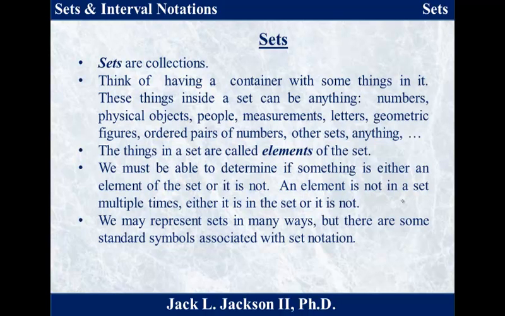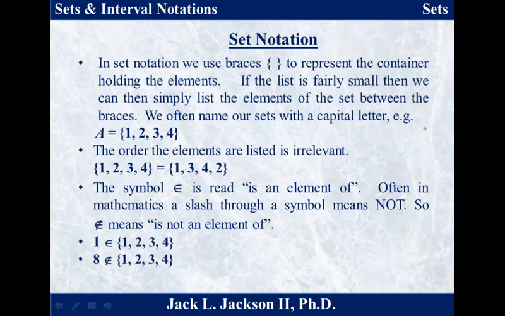We may represent sets in many ways, but there are some standard symbols associated with set notation. So to begin with, we'll talk about these little curly braces to represent the container holding the elements. And if the list is fairly small, then all we have to do is simply list out the elements of the set between the braces, separated by commas. And we often name our sets with a capital letter. It doesn't have to be a capital letter.